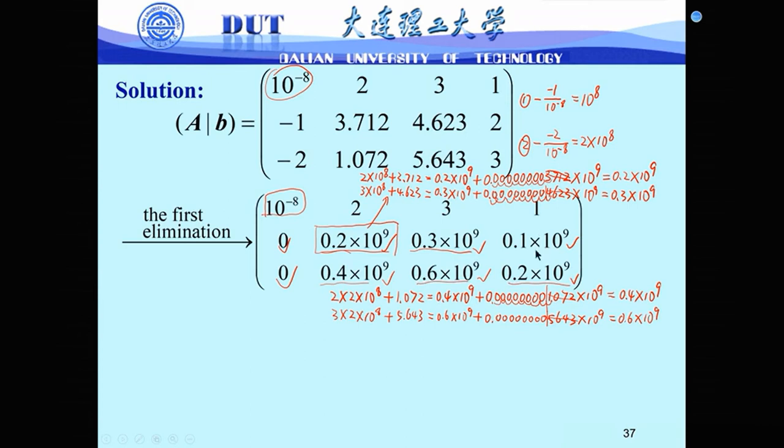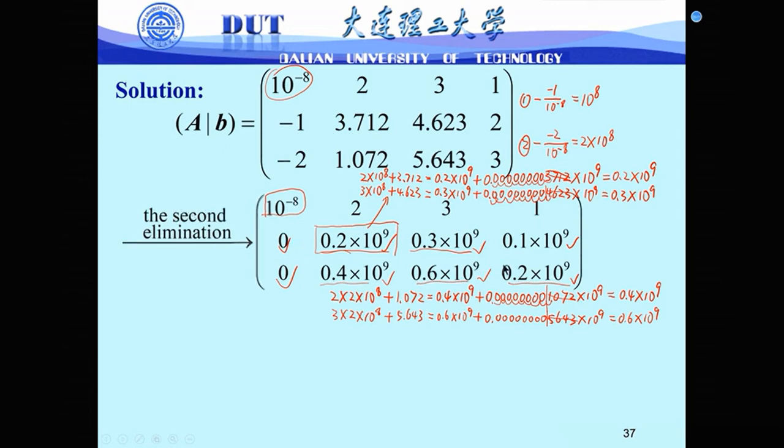So the third row is twice the second row. What does that mean? They are linear dependent, the 2 rows.